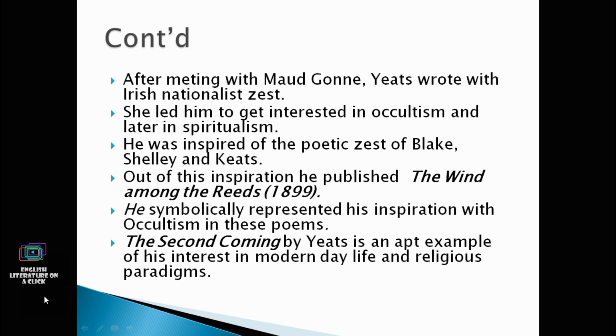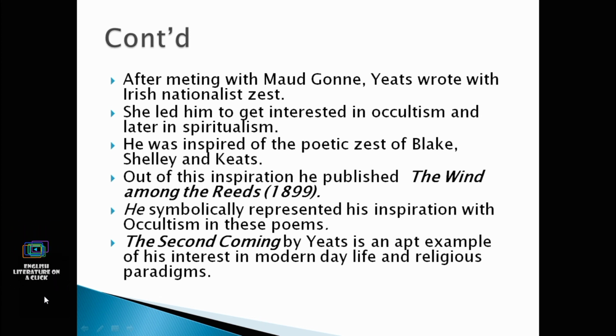After meeting Maud Gonne, Yeats wrote with Irish nationalist zest because she was one of the representative freedom fighters of her time. She led him to get interested in occultism and later in spiritualism. And this is also depicted through his poetry, the use of occult practices and the spiritual themes.